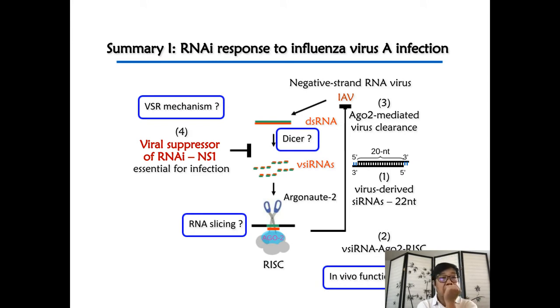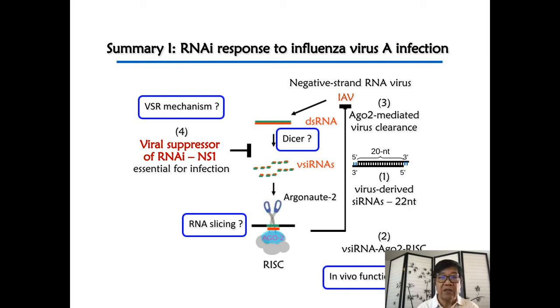However, many questions remain open about the function and mechanism of the mammalian RNAi response to virus infection. For example, is Dicer-dependent production of viral siRNA required for the antiviral defense? Secondly, are viral siRNAs produced during an active RNAi response capable of guiding sequence-specific RNA cleavage by AGO2?